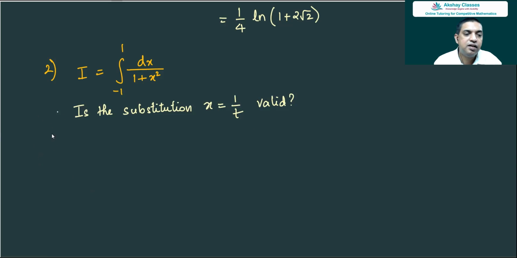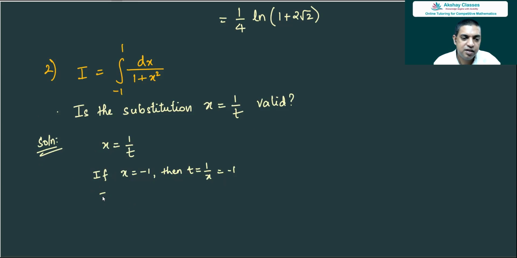Because you see here, if you put x equal to 1 upon t, then what you get is, if x equal to minus 1, then t is 1 upon x, which is equal to minus 1.